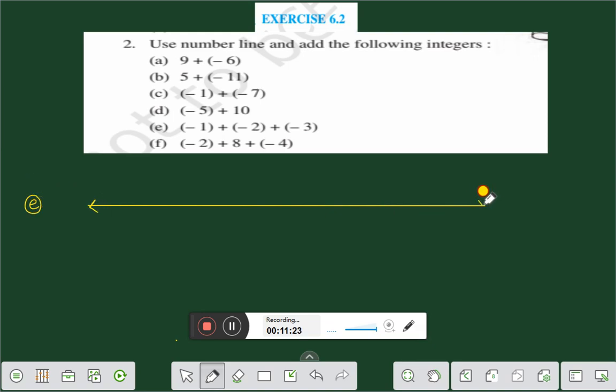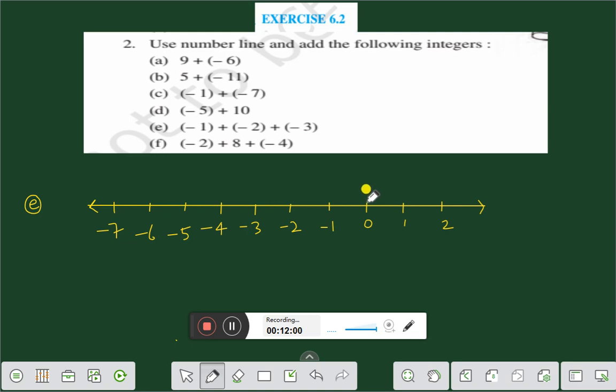Let us take this one: this is 0, this is 1, this is 2, and this is minus 1, minus 2, minus 3, minus 4, minus 5, minus 6, and this is minus 7.